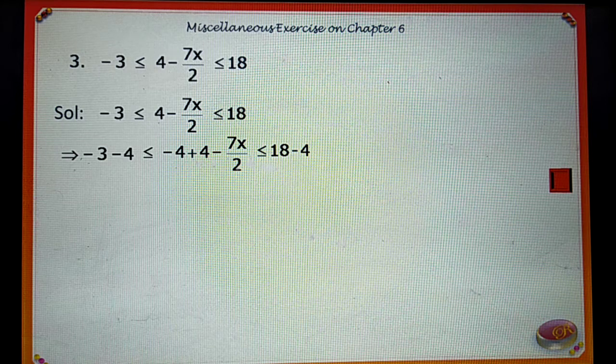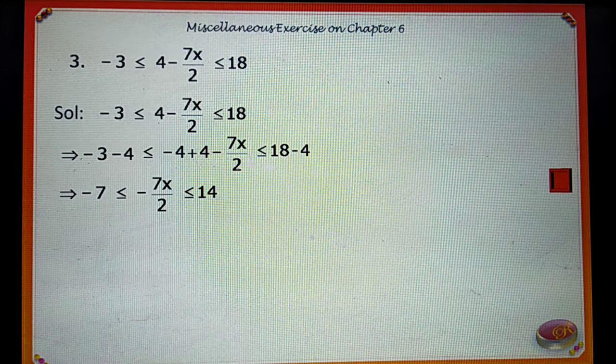Implies minus 7 is less than or equal to minus 7x by 2 is less than or equal to 14.